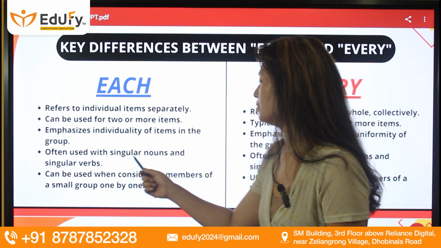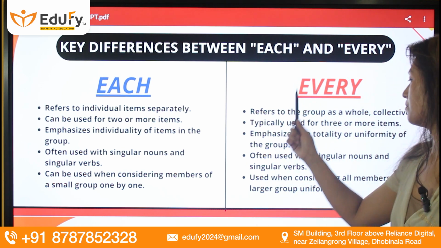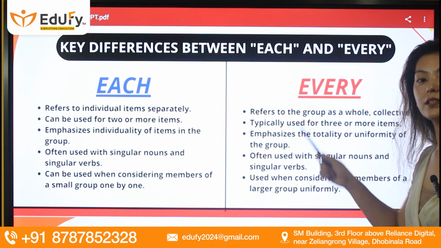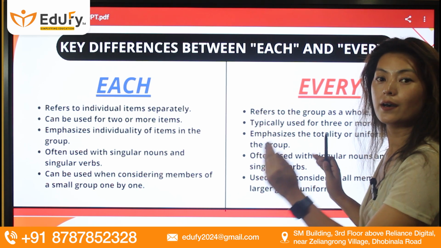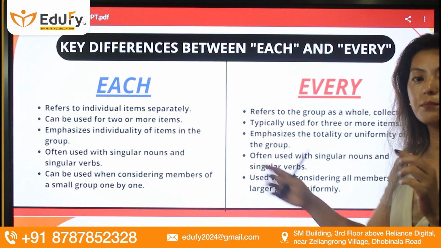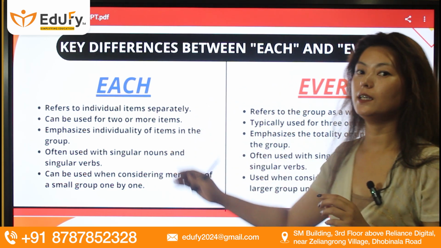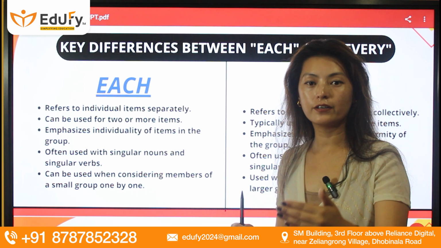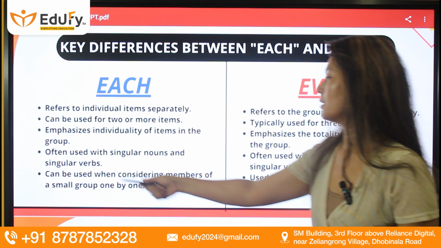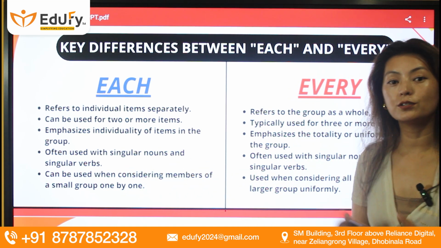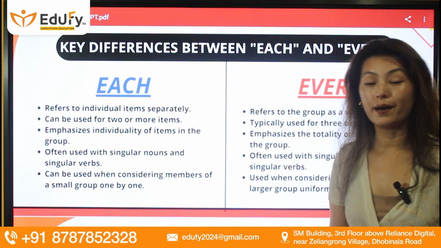Next, each is often used with singular nouns and singular verbs. Every is also used with singular nouns and singular verbs. So the main similarity between these two, each and every, is the usage with singular nouns and singular verbs.